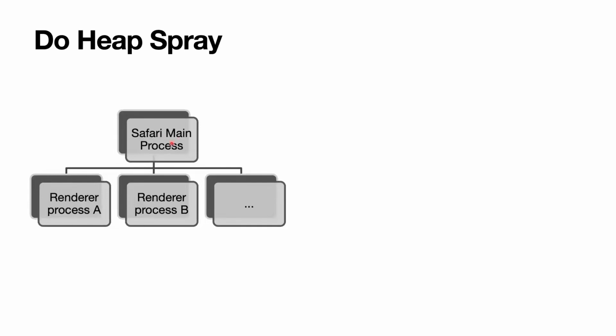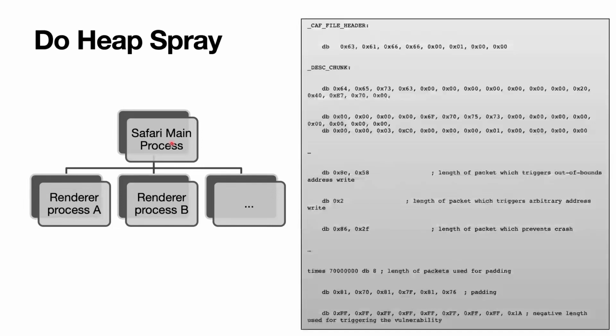We are lucky to be able to trigger arbitrary address writing multiple times by modifying our CAF file to pull back the success rate. In order to facilitate the transformation of CAF files, I use ASM syntax to describe CAF files.